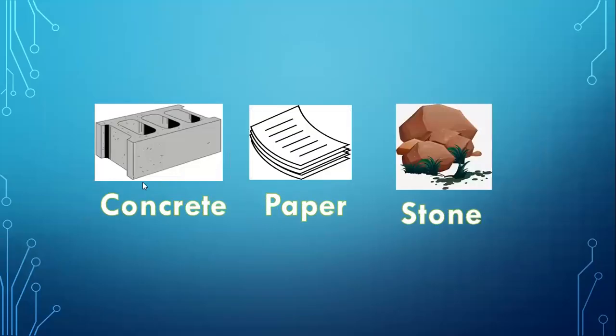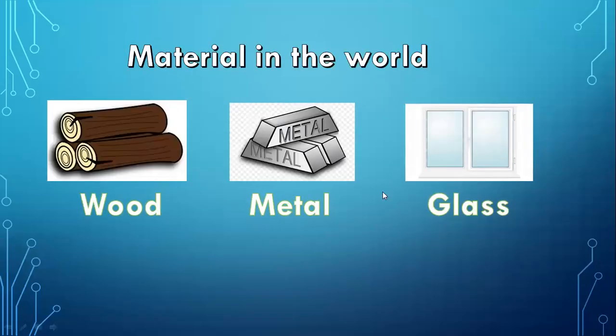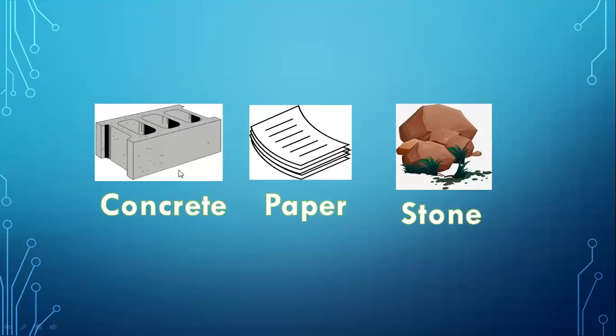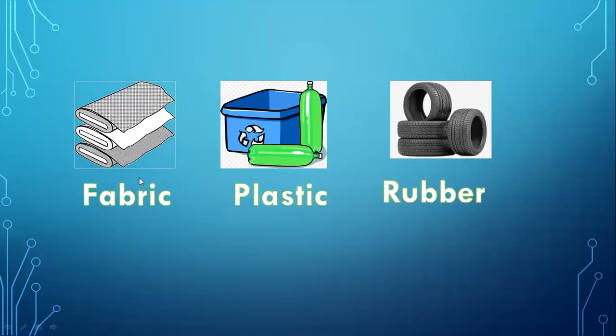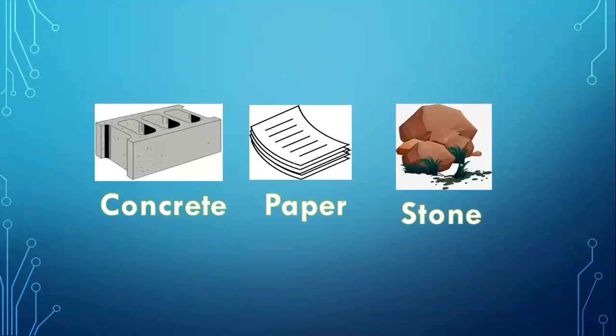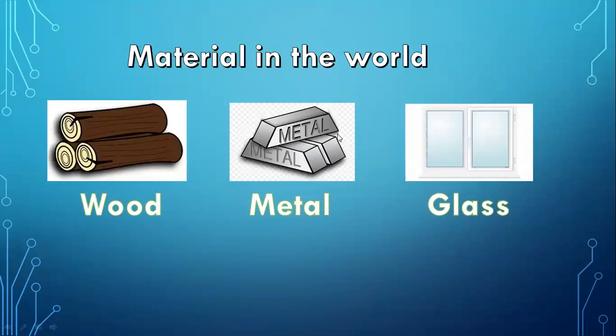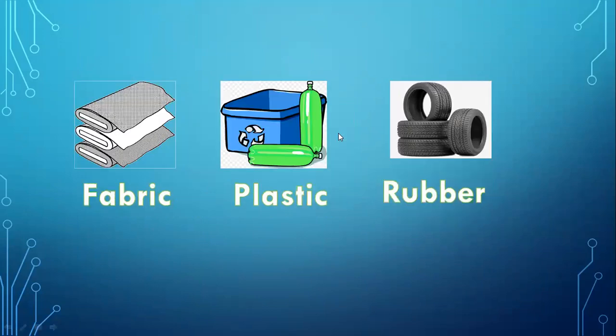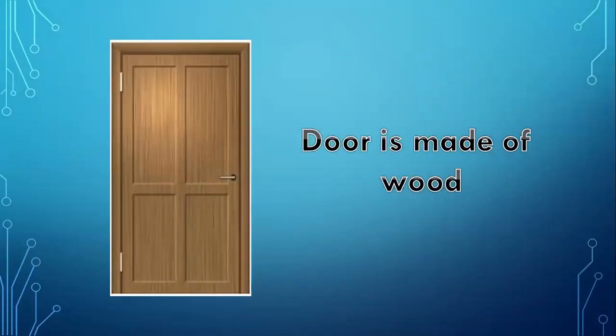First of all, we have wood, metal, glass, concrete, paper, stone, fabric, plastic, rubber. All of these are natural materials. What are they, boys? Natural materials. And with these natural materials, we made different things.